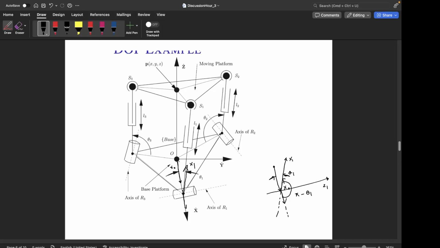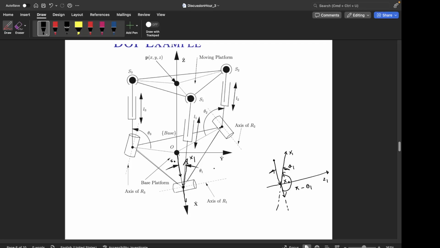Yeah, so x1 I took along this, so this is the first link. Okay, and x1, but wait, I think this would be then, x1 I'm taking along this link, this prismatic link, right?